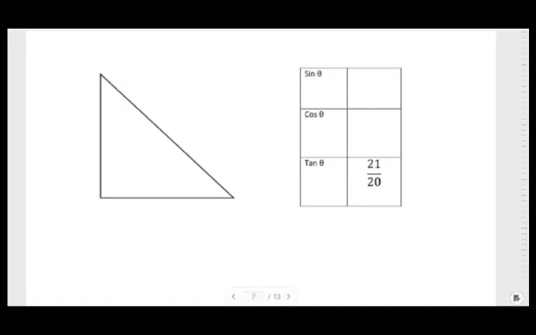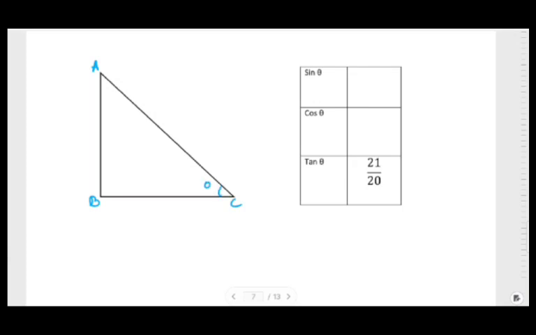Next sum. A, B, C, angle theta. So this becomes adjacent, this becomes hypotenuse, and this becomes opposite, correct?